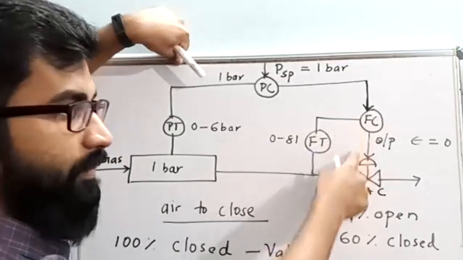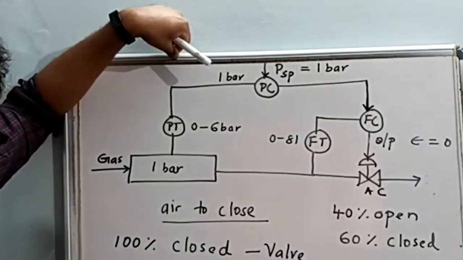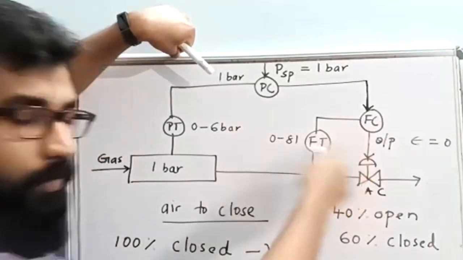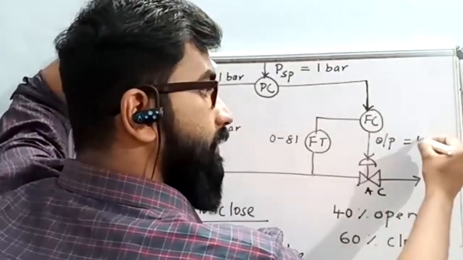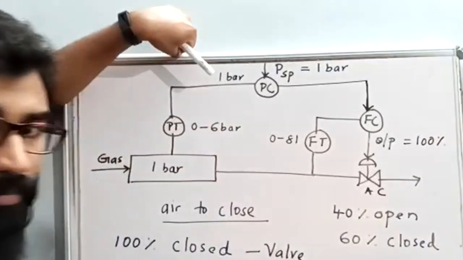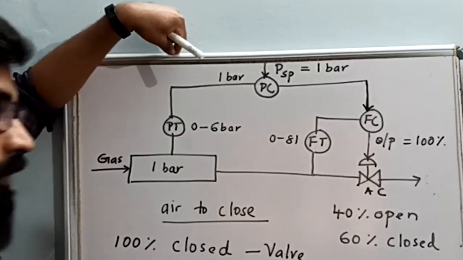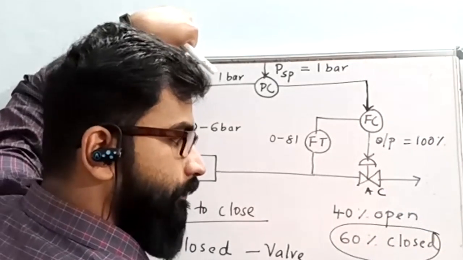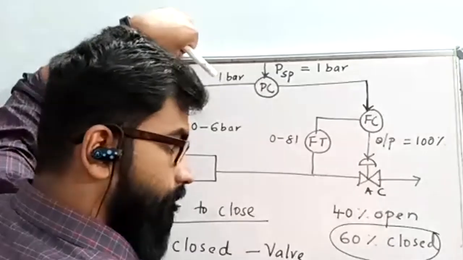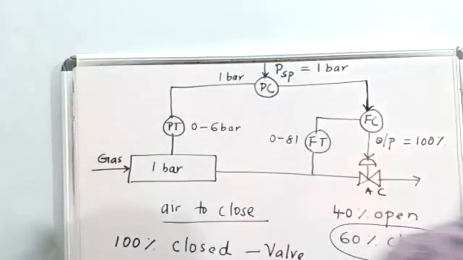That is, if I supply 100% air, then only the valve will be 100% closed, because it is an air to close valve. So for the 60% closed condition, what should be the output of the flow controller? 60. Our output of the flow controller is 60. Simple. So only one option is there.